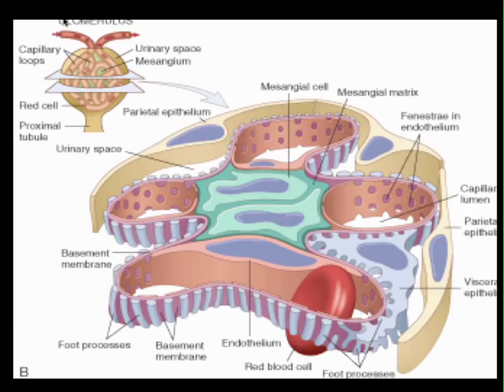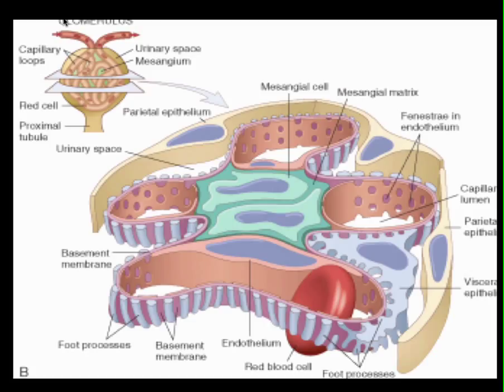This is an important picture of a cut through a glomerulus, which points out the important morphologic findings in a glomerulus, which allow us to understand what goes on when the glomerulus becomes inflamed. You can see 4 capillary lumens in this picture. The one at the bottom has a red blood cell within the capillary lumen.